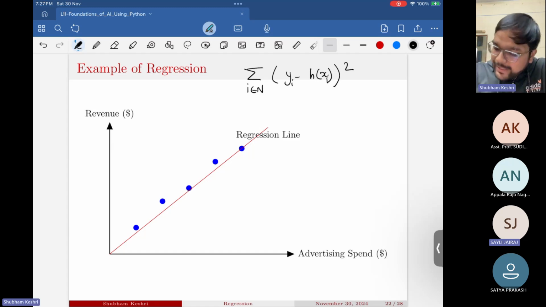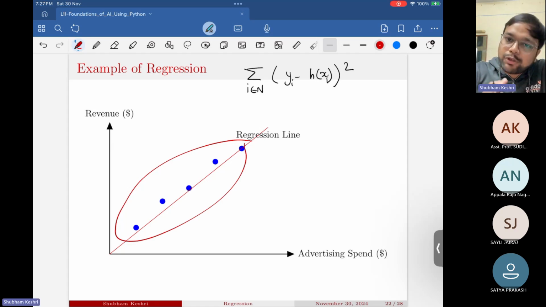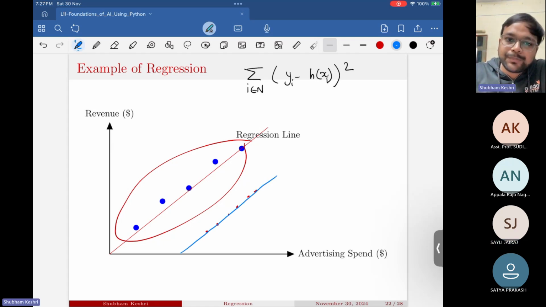For this problem, it seems that you will not be able to draw a line that passes through all the points. Suppose you have data where you can draw a line which passes through all the data; in that case, the error will be zero, but that never happens. That is why we are trying to minimize this error. We are not saying this error will be zero.